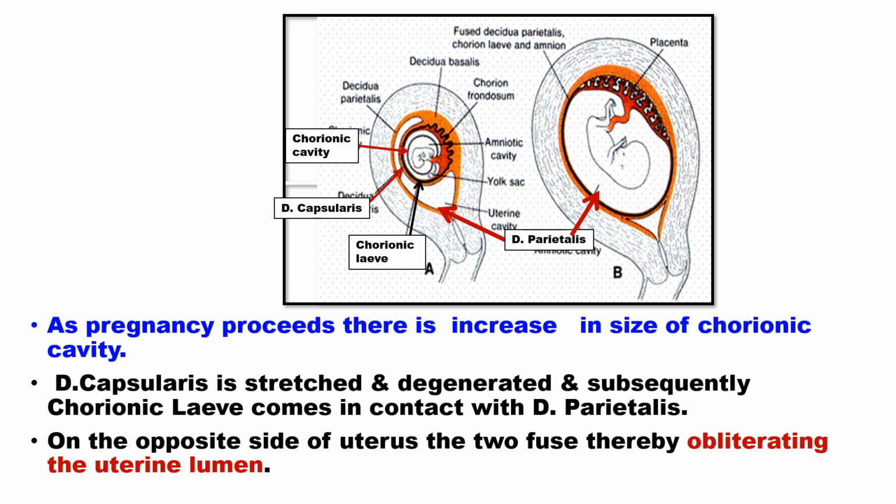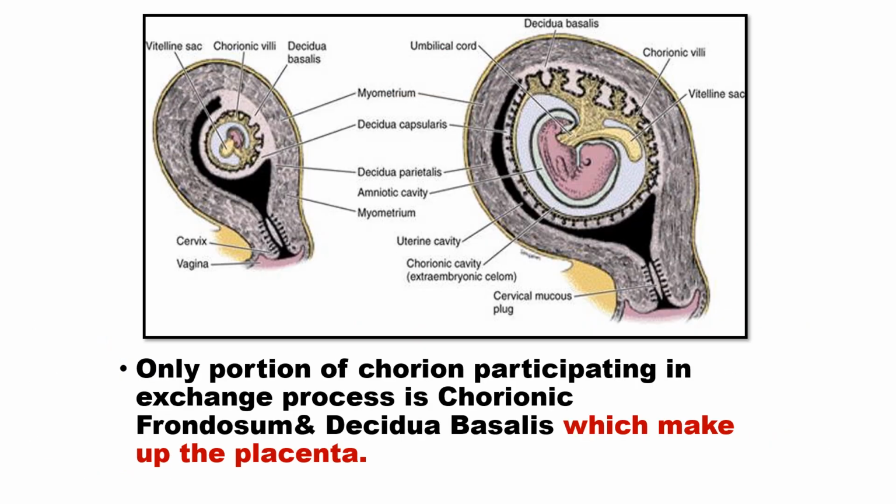The two of them fuse, thereby obliterating the uterine lumen. The only portion of the chorion participating in the exchange is the chorion frondosum overlapped by decidua basalis. Together, they make up the placenta.